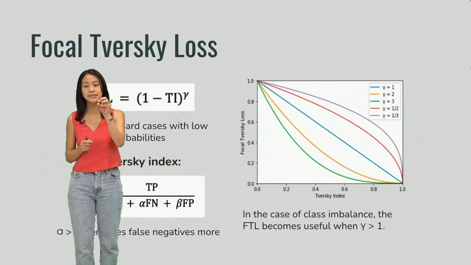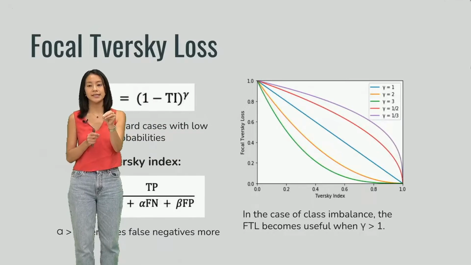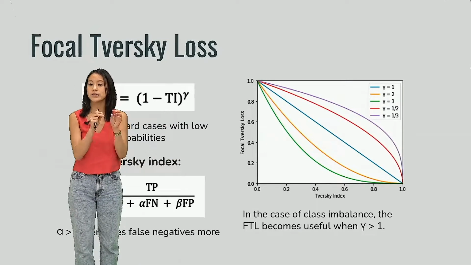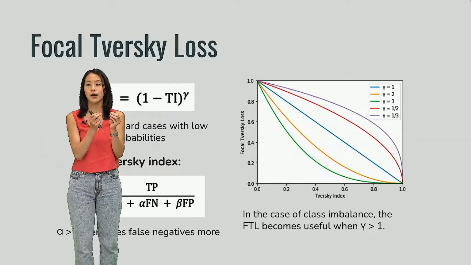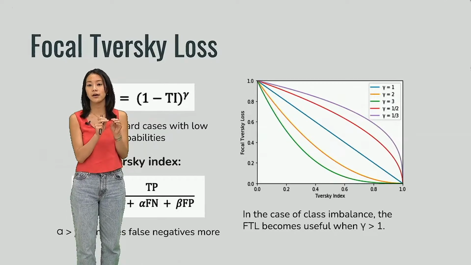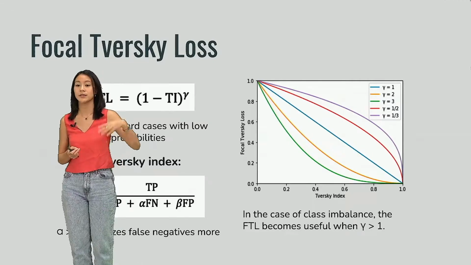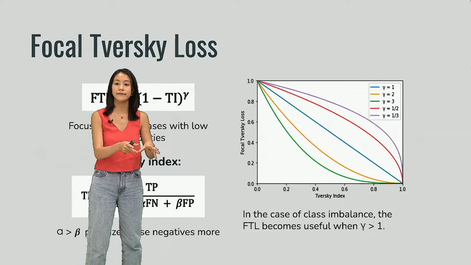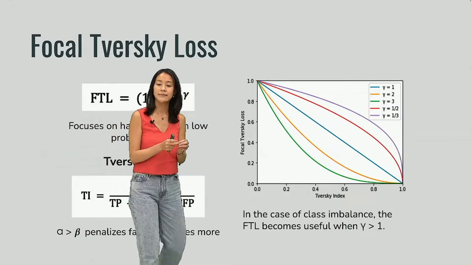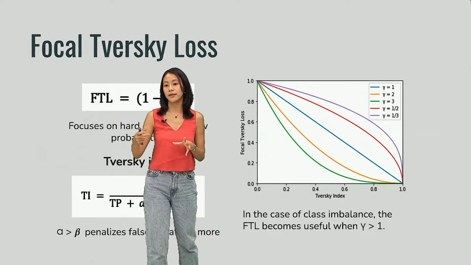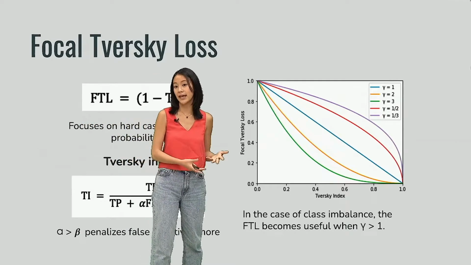For these, focal Tversky loss focuses a lot more on these small tumors that are a lot harder to predict, or have lower probabilities of actually being a tumor. It puts a lot more emphasis and attention on them to address the class imbalance issue.